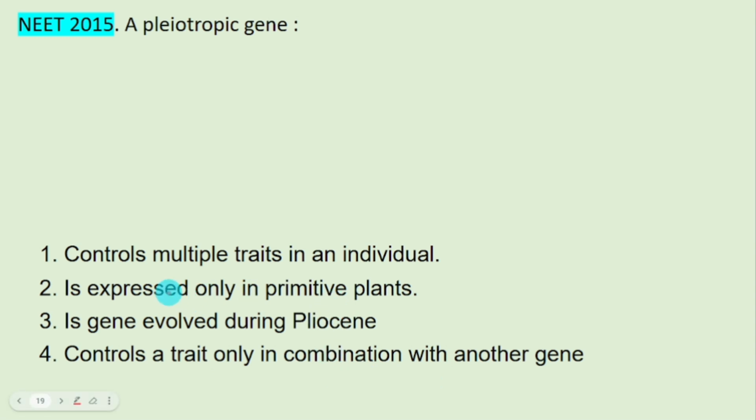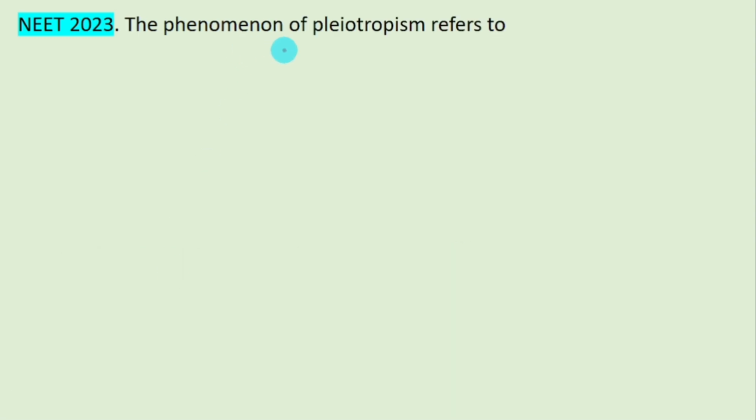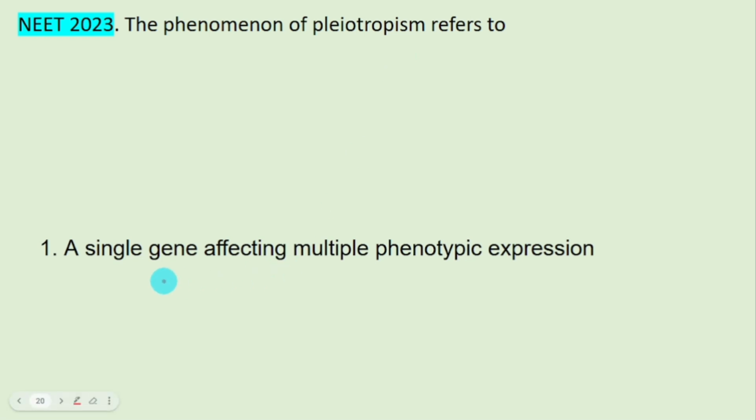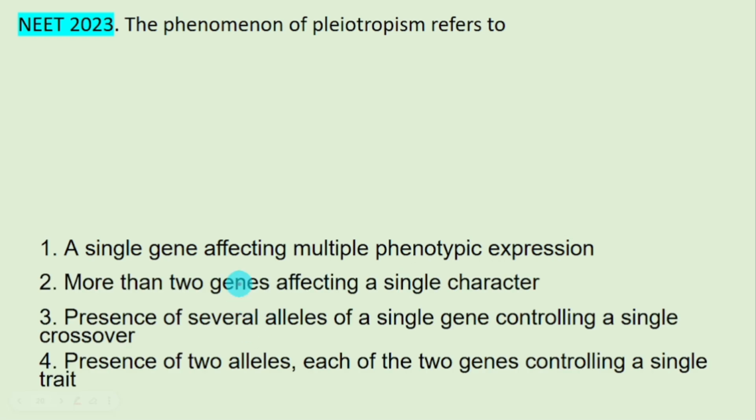Controls multiple traits in an individual. The phenomenon of pleiotropism refers to single gene affecting multiple phenotypic expression. Correct. This is the definition. So with respect to pleiotropism, our answer will be single gene affecting multiple phenotypic expression. Option 1.